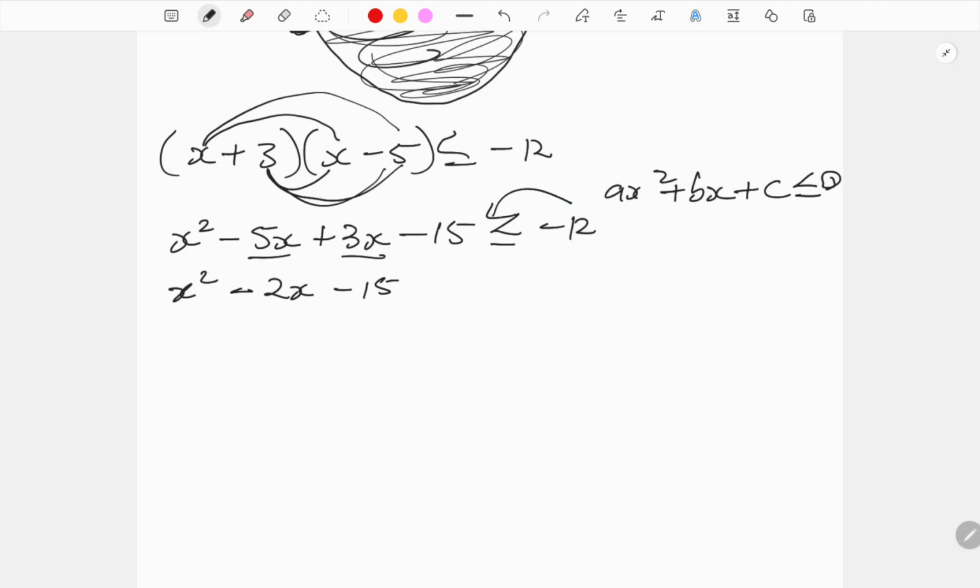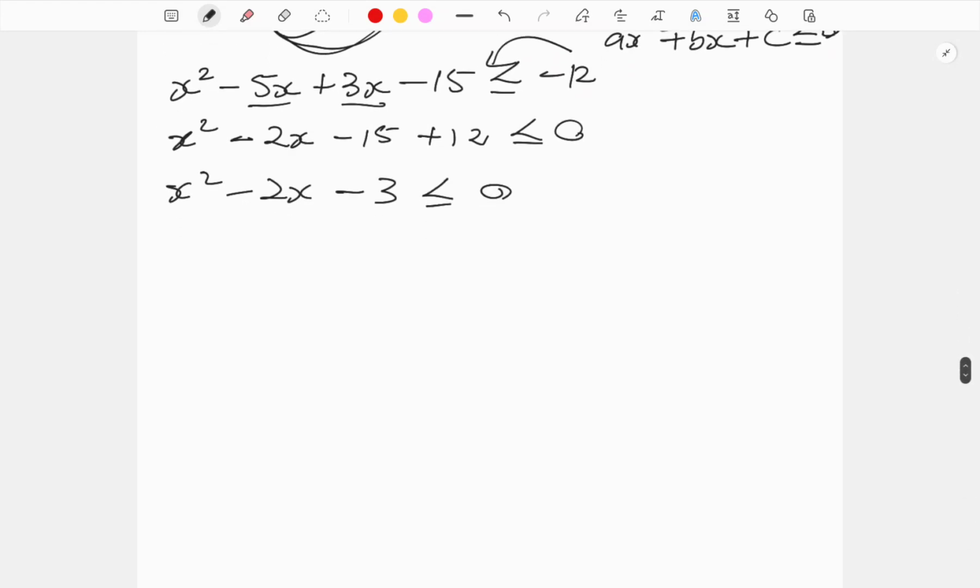Transpose this one to the other side so that you can add them with this constant. It's going to be plus 12 is less than or equals to 0. And x squared minus 2x minus 15 plus 12 is minus 3, less than or equals to 0.